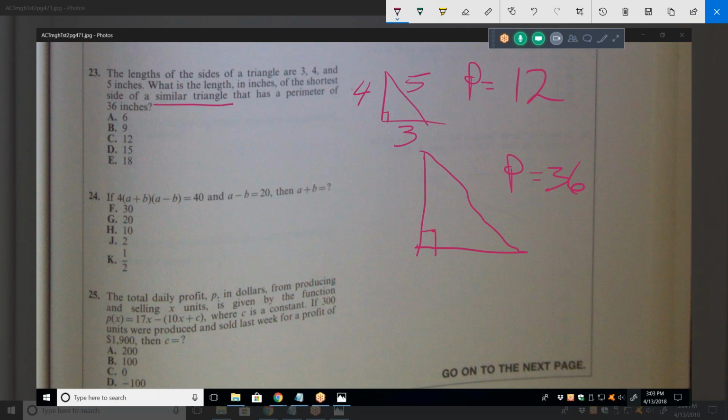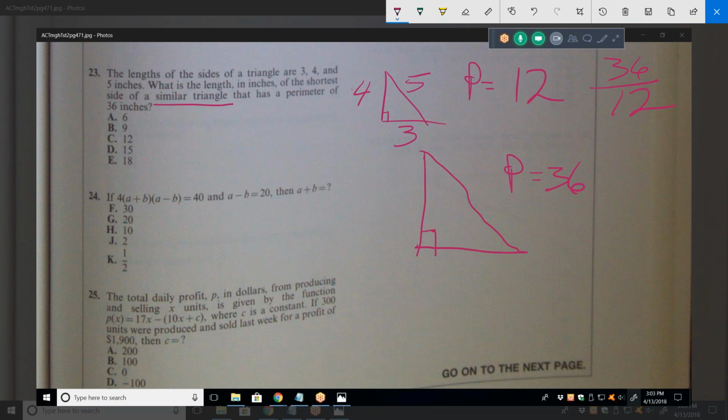What's the similarity ratio? 3 to 1. Whenever I talk about the similarity ratio, I like to think of it as the bigger versus the smaller. So it's 36 to 12.